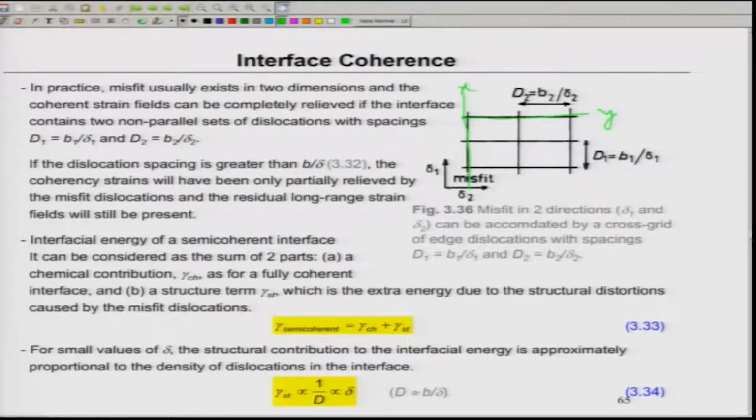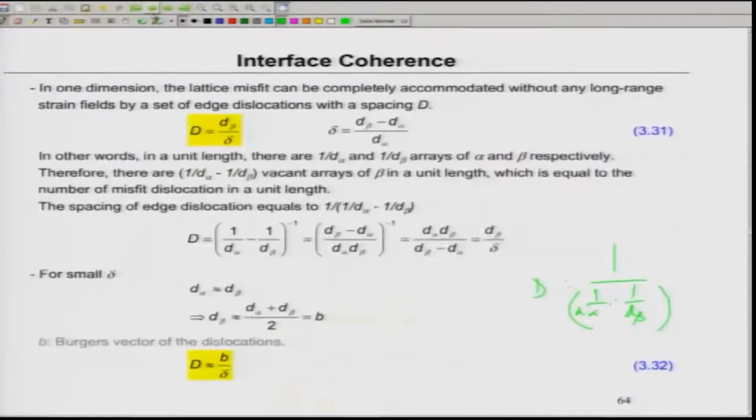The moment the dislocation spacing is more than b by delta, where b is the Burgers vector of the dislocation, the coherency strain will have been only partially relieved by the misfit dislocations, and there will be residual strains. Residual strains mainly because of the distorted bonds. It has already been shown here, I can go back.